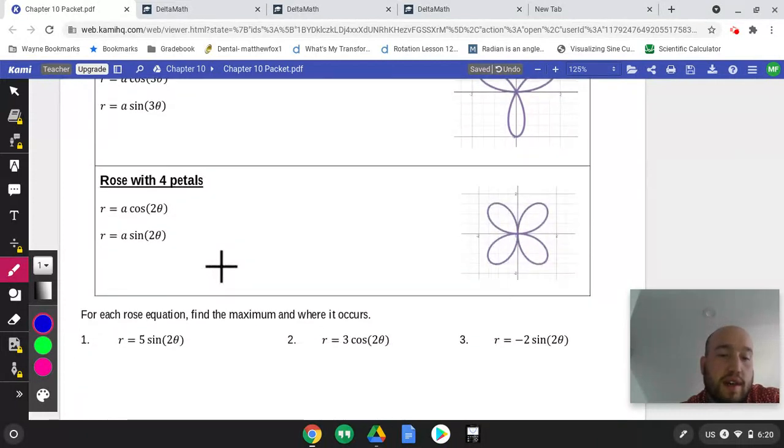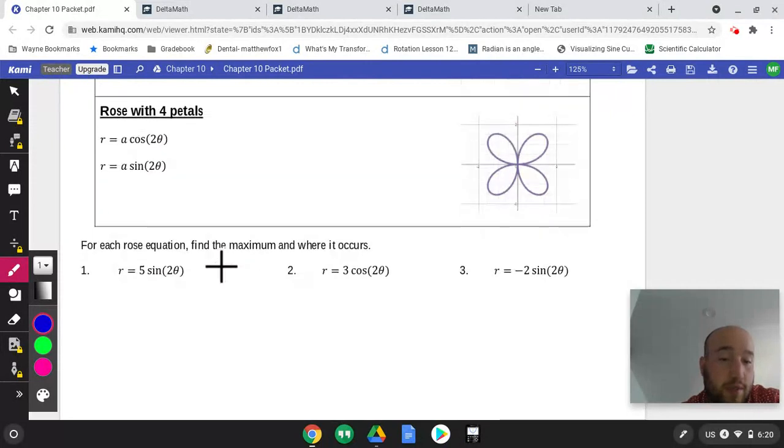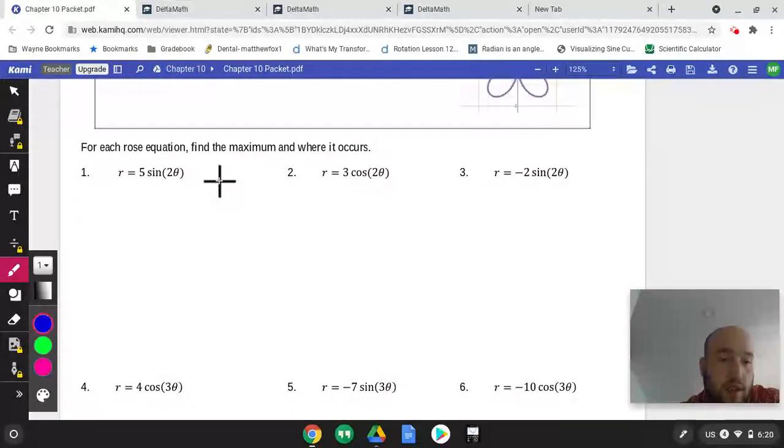Now, the first thing we want to do is establish where the maximum occurs for each of these. If we think back to our unit circle, when we're dealing with sine, the maximum will occur when sine is 1. We talked last week that the highest value of sine we can have is 1, and the lowest would be -1.